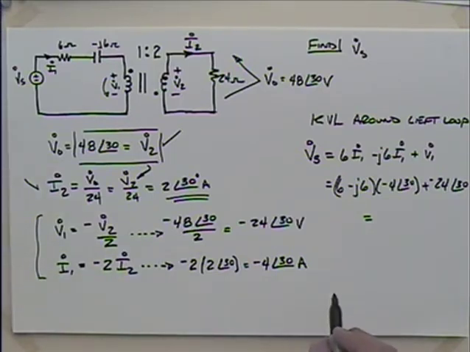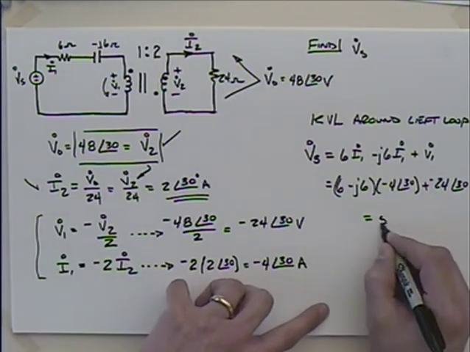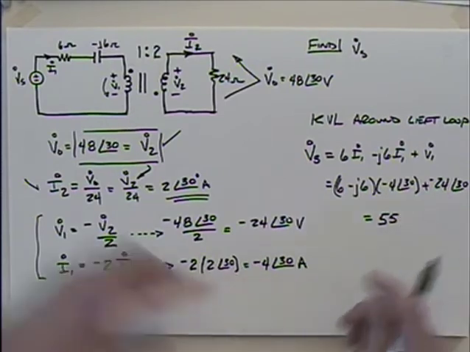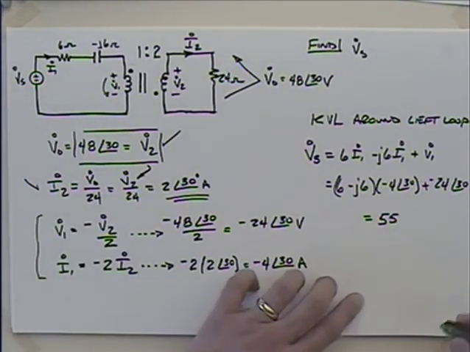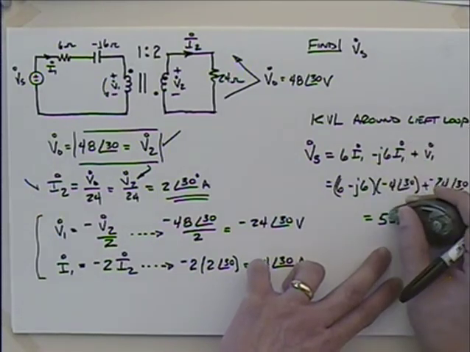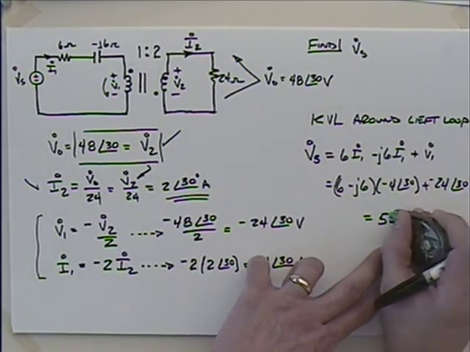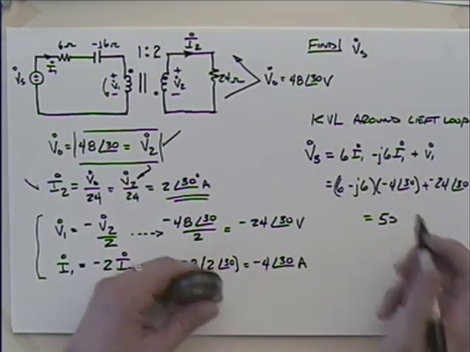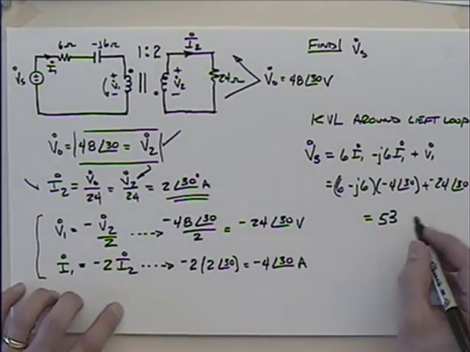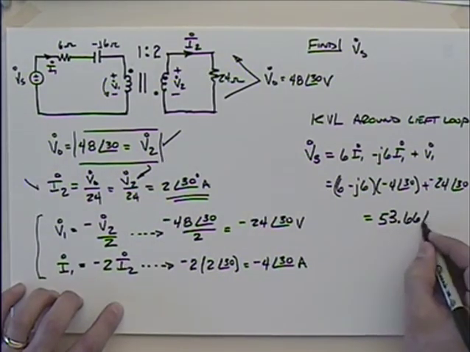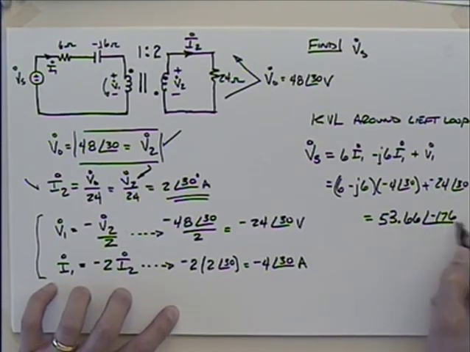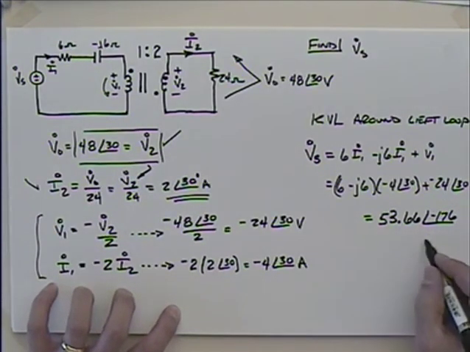Yeah, that's right. That gets me 53.66 at an angle of minus 175.6, we'll just say minus 176. And that would be volts.